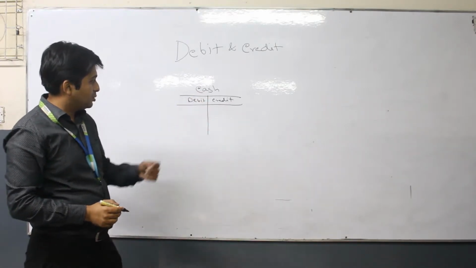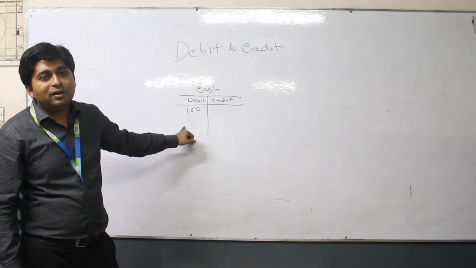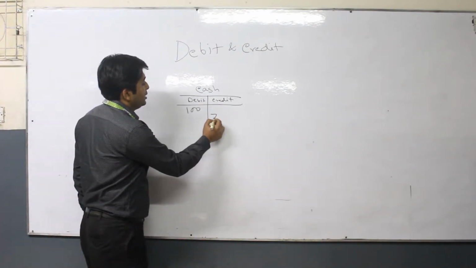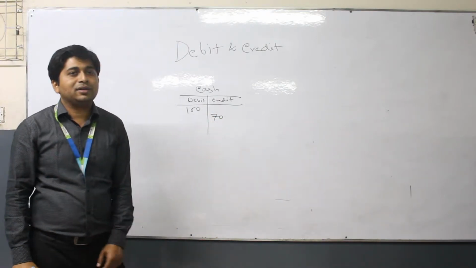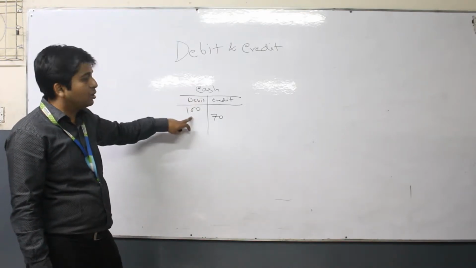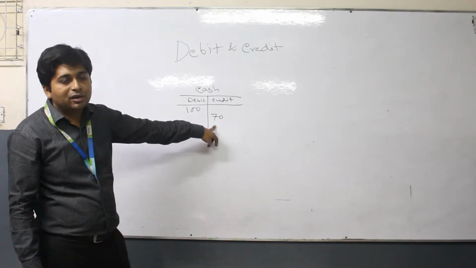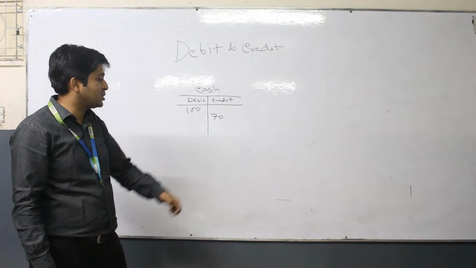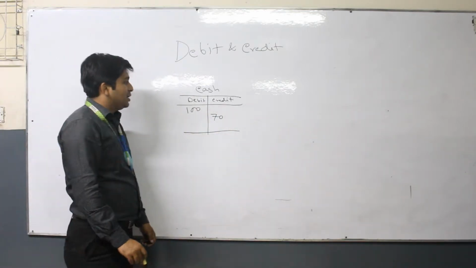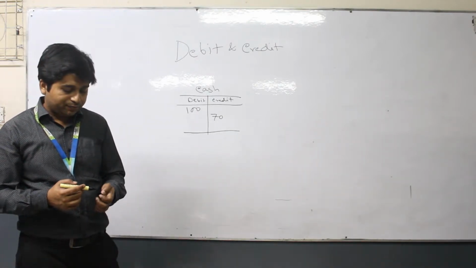Suppose this is a cash account, and if we put any amount in the left side, that means we are debiting the account. And if we put any amount in the right side, that means we are crediting the account. So we can say debiting the cash account by 100, and when we write 70 on the right credit side, we are crediting the cash account by 70. For increasing or decreasing this cash, we use debit and credit.